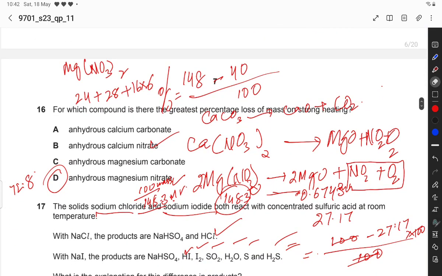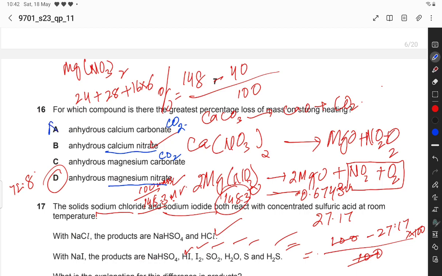Question number 16, for which compound is there the greatest percentage loss of mass on strong heating? In anhydrous calcium carbonate, only carbon dioxide gas is produced, and in magnesium carbonate also carbon dioxide, but in the case of calcium nitrate and magnesium nitrate, two gases are evolved, so that's why the loss in mass is more in nitrate salt than carbonate.